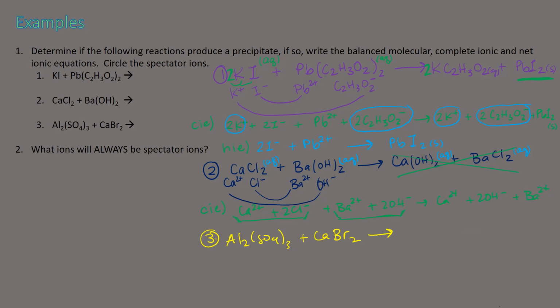And so that's going to give me, if I look at the charges, aluminum is +3, sulfate is -2 charge, calcium +2, bromine is -1. So outside with outside, inside with inside, we get calcium sulfate plus aluminum bromide. All right, and if I look at my solubility rules, this one is solid. Everything else is aqueous.